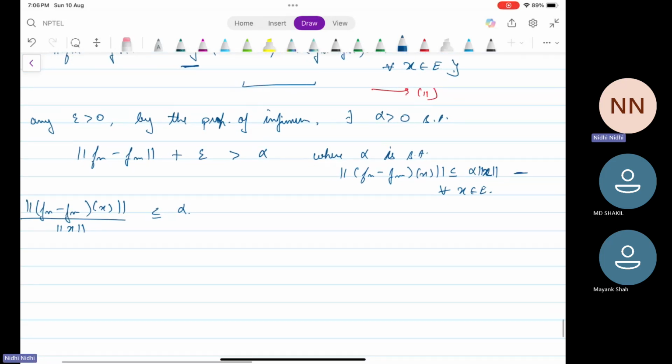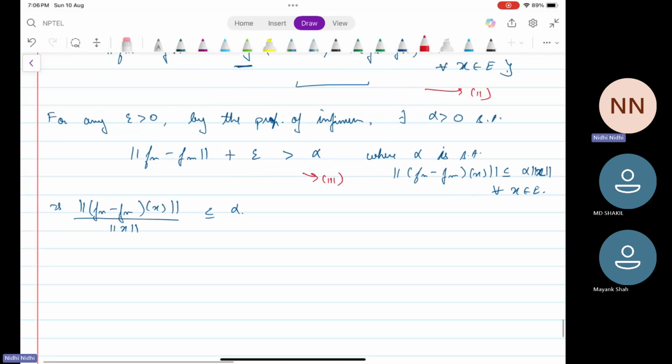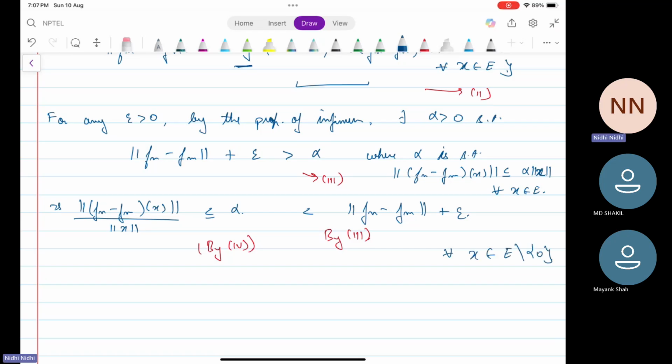This is coming from the fourth. And this alpha is strictly less than the norm of F n minus F m plus epsilon. This is coming by the third. And since we are dividing by norm x, we should take it for every x in E minus zero.